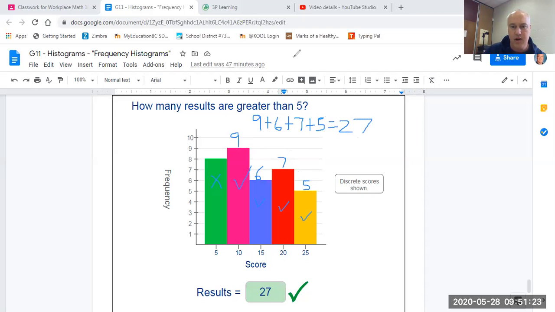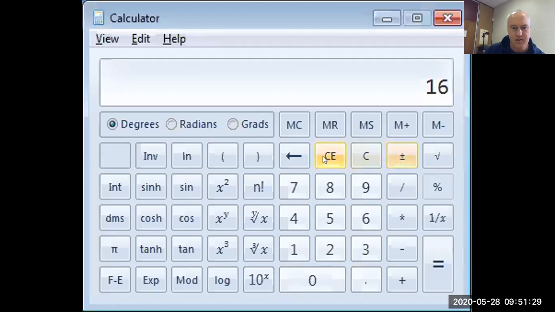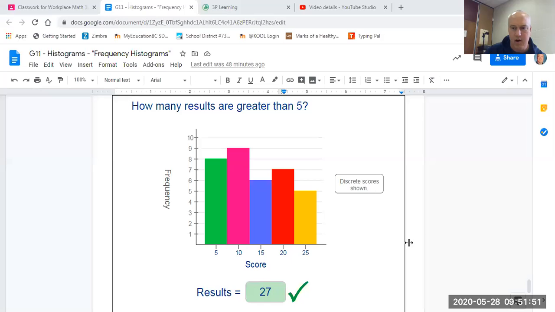But let's just go into our calculator and see that again. So if we click into our calculator, we are going to see that if we put down our occurrences, the first one was 9, the next one was 6, the next one was 7, and the last occurrence for 25 was 5, we end up with a value of 27. So that's why we have this as our correct answer.